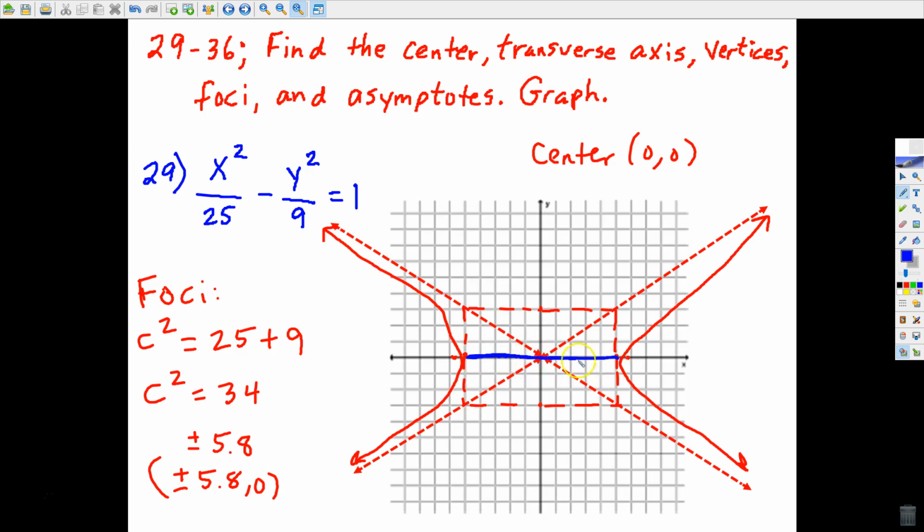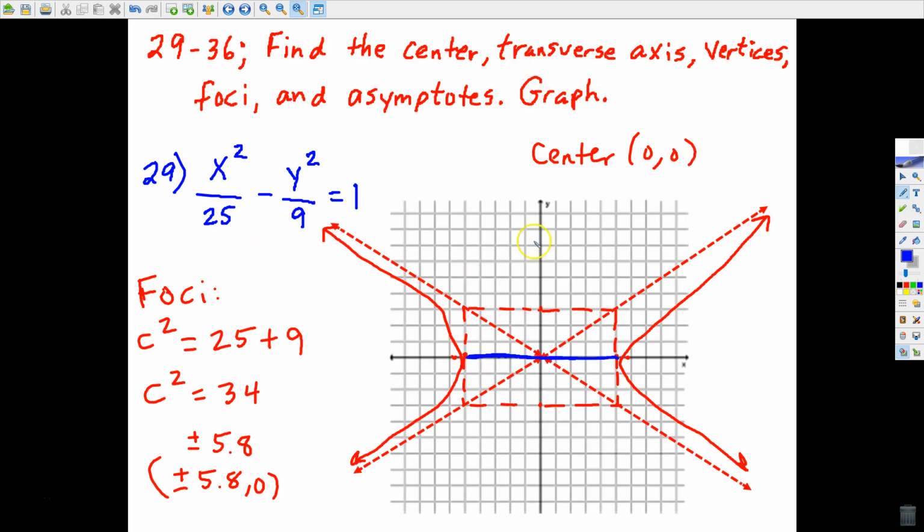I just want you to shade it in on your graph. It's going to be the connector between the 2 points that your graphs actually cross through. So if the equation starts with x, the transverse axis is always going to be horizontal. If the equation starts with y, then it should be vertical. Just shade in between these 2 vertices, and that is the transverse axis.